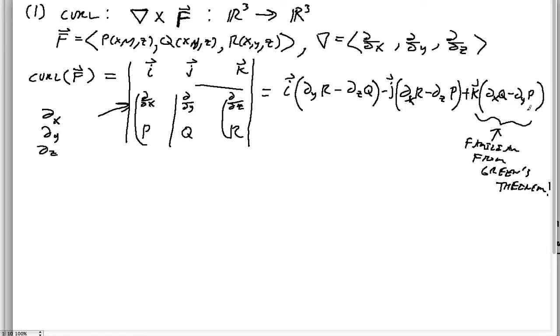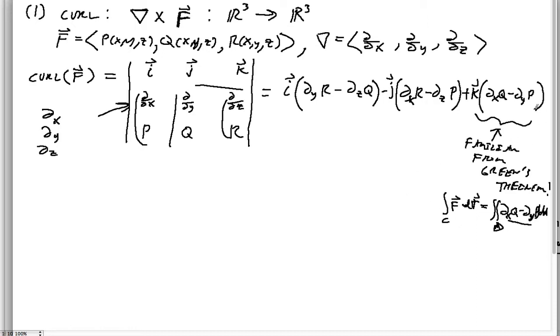Remember that was part of Green's theorem, and Green's theorem was if we have a closed path that we're going to integrate over, we integrate over the interior, and it's going to be dA. So that part shows up there.